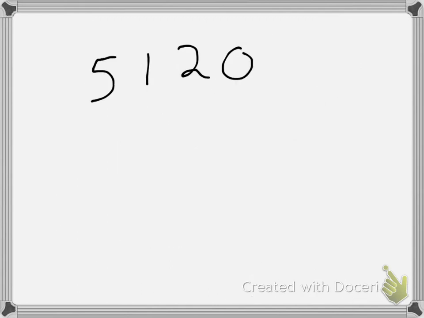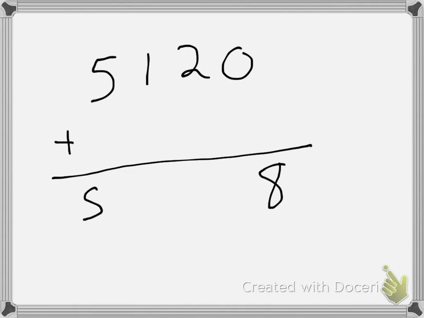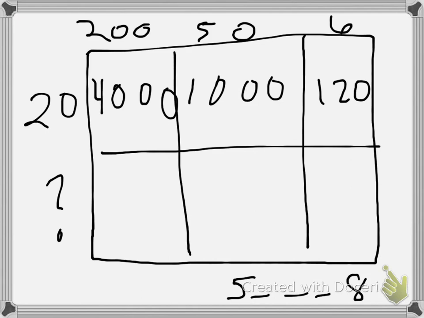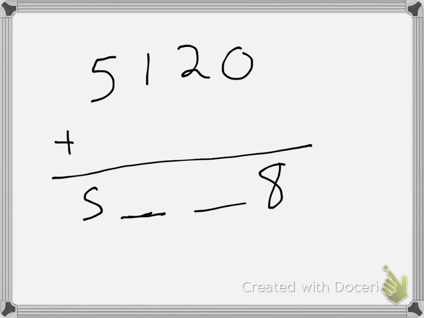So now I'm going to take these numbers and put them on another line with an addition sign. And I know what my first numbers are. It's going to have a 5, it's going to end in an 8, and it's going to have 2 numbers in between. I made a mistake here. I put down too many lines. Here we go. Okay. So it's going to have 2 numbers there.